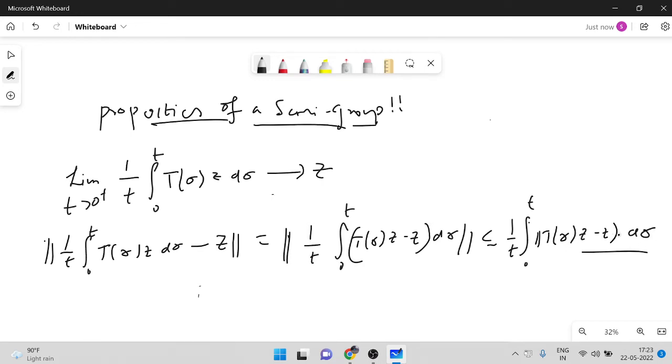So now, by the strong continuity property, this becomes very small and this goes to 0.